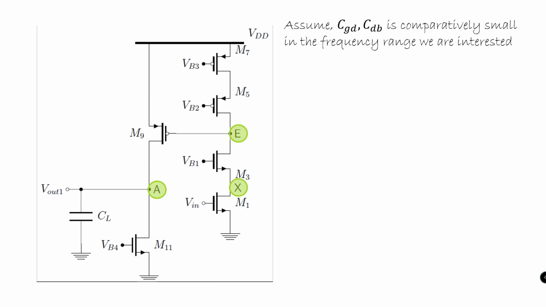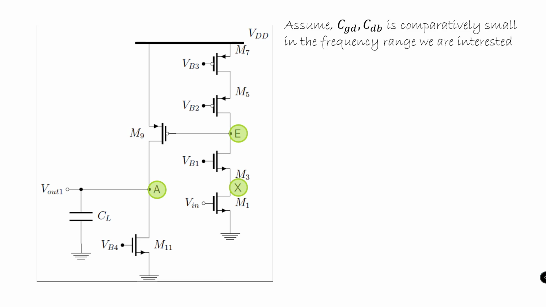Similarly, the pole at node E is evaluated once the node capacitance and the resistance are known, and it is written down here. Similarly, for the pole at node A, the corresponding node capacitance and node resistance are shown here, and based on that, one can write the pole at node A as 1 by RA times CA.